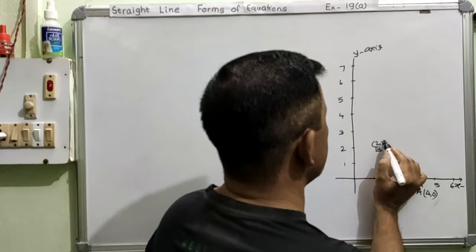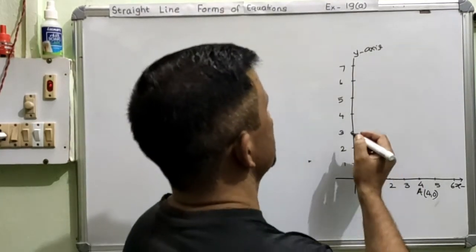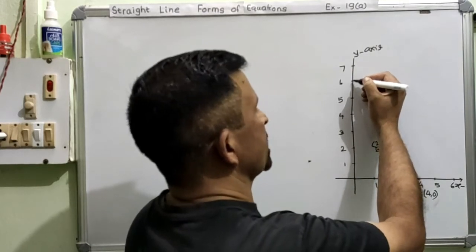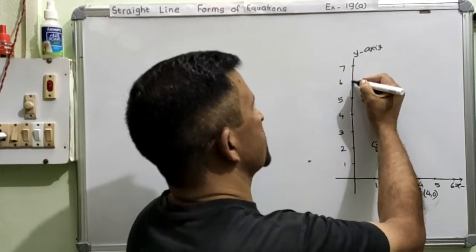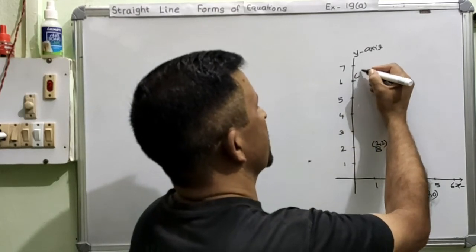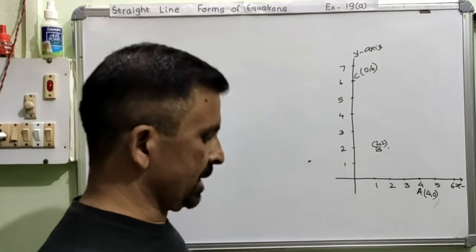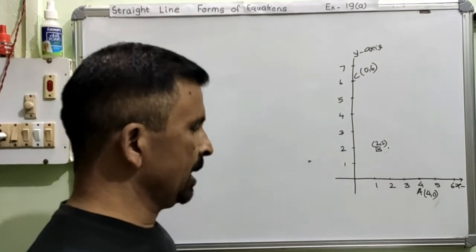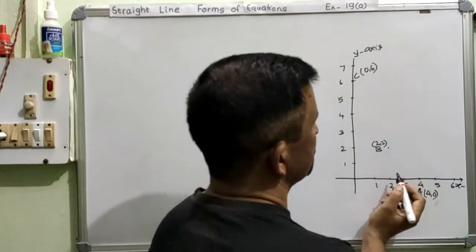And there is a third point whose coordinate is 0, 6. Since the x coordinate is 0, that means it will be on the y-axis. So this is your third point C, and the coordinate of this point is 0, 6. So this is your diagram. Clear? Now, let me join this ABC.